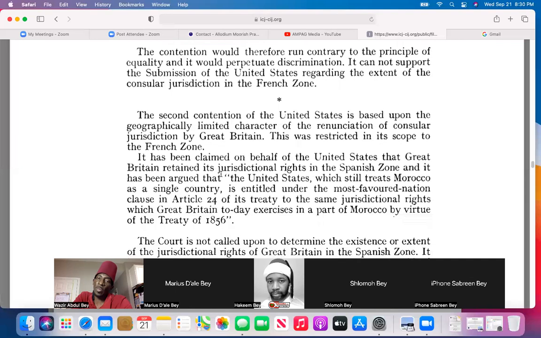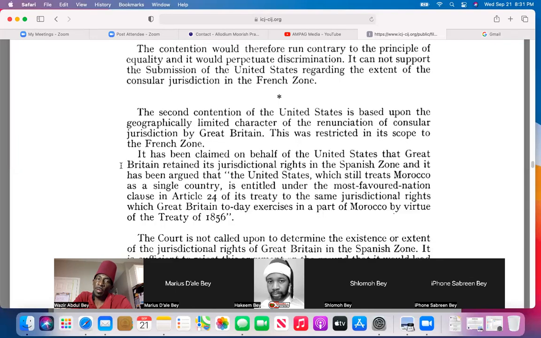It has been claimed on behalf of the United States that Great Britain retained its jurisdictional rights in the Spanish zone, and it has been argued that the United States, which still treats Morocco as a single country, is entitled under the most favored nation clause in Article 24 of its treaty to the same jurisdictional rights which Great Britain today exercises in a part of Morocco by virtue of the Treaty of 1856, parts of Morocco. So it's like, the islands.